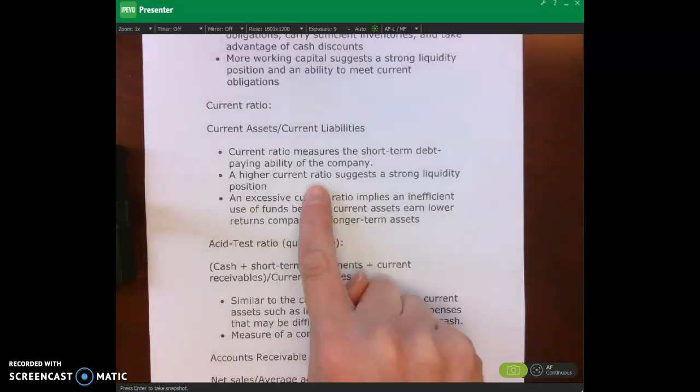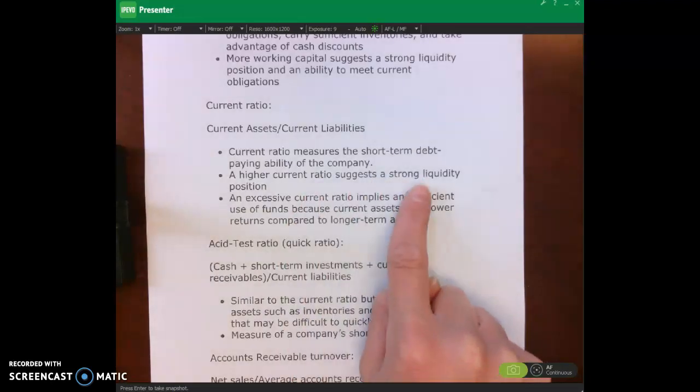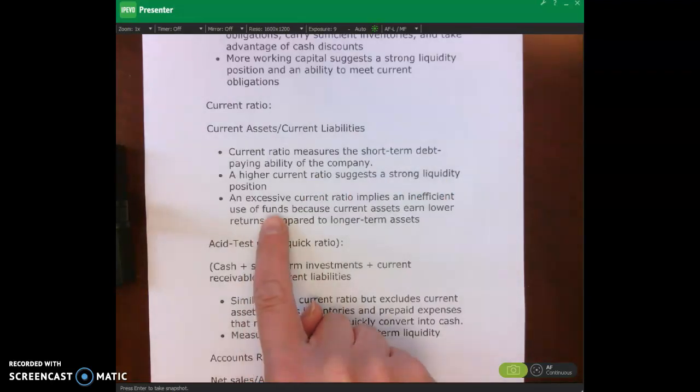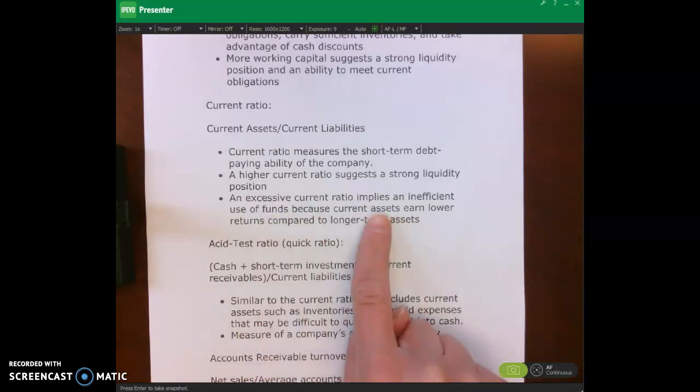If we have a higher current ratio, it suggests a stronger liquidity position. But if our current ratio is too high, then we may be holding too much of our assets in current assets.